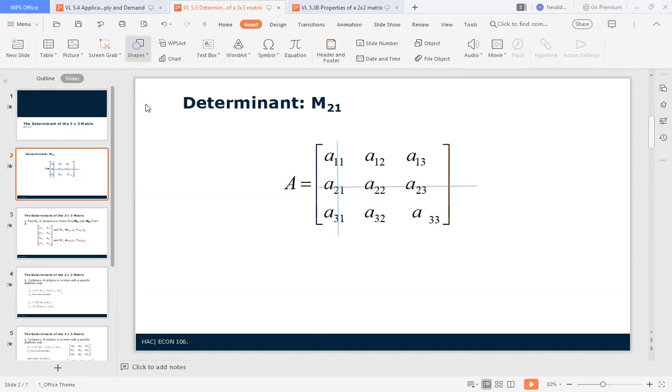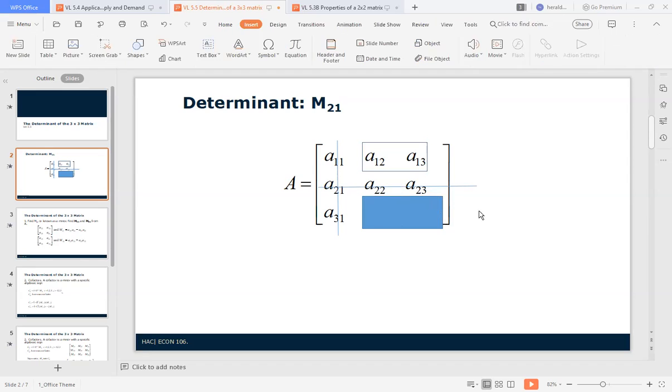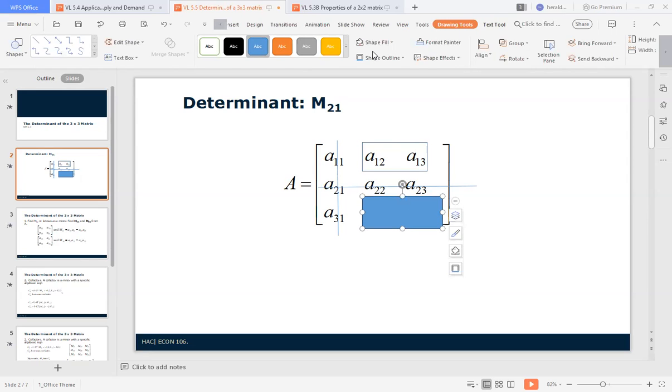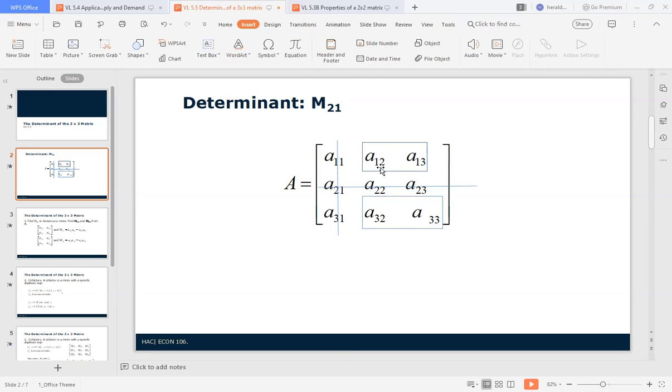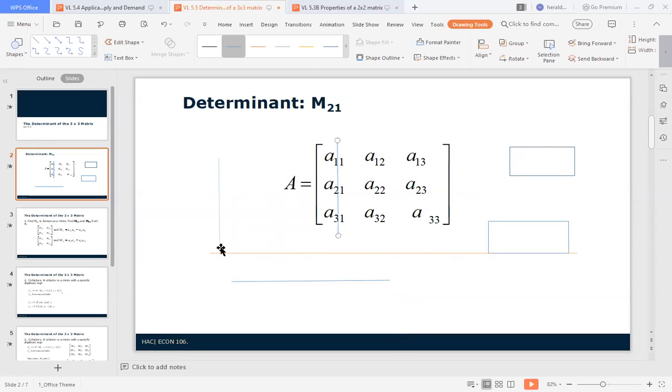What happens is that M21 will consist of a matrix that will have coefficients A12, A13, A32, and A33. Now let's put that one on the side and use it later. So how about M31?